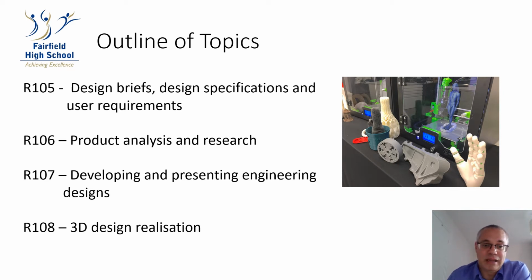So that could be made in modeling foam, could be made in MDF, a range of acrylics, could be laser cut or 3D printed. So we use a range of those different techniques to manufacture the design that is created in R107. So R106, 7 and 8 will be internally assessed and will be done via a portfolio to outline all those elements and show progress and development of that unit.